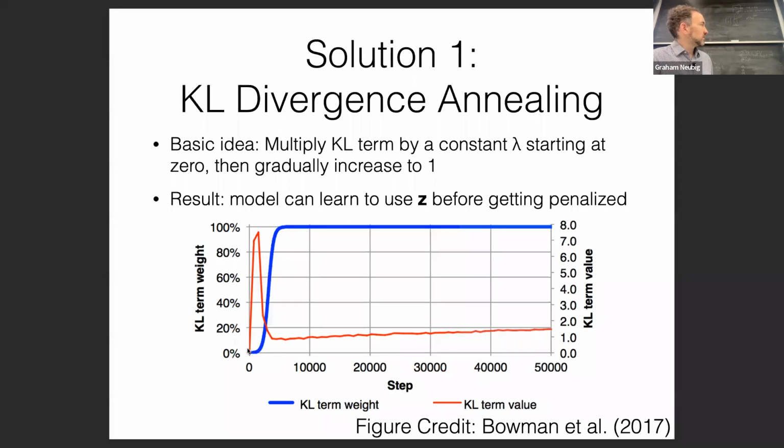And what you can see here is right at the very beginning of training, the model basically learns to ignore the KL term and just learn good latent representations, kind of like a standard autoencoder model. But then when you introduce the KL term again, it lowers the KL. And then as you continue training, the KL gradually goes up again as you learn the generative model better that uses the latent variables.